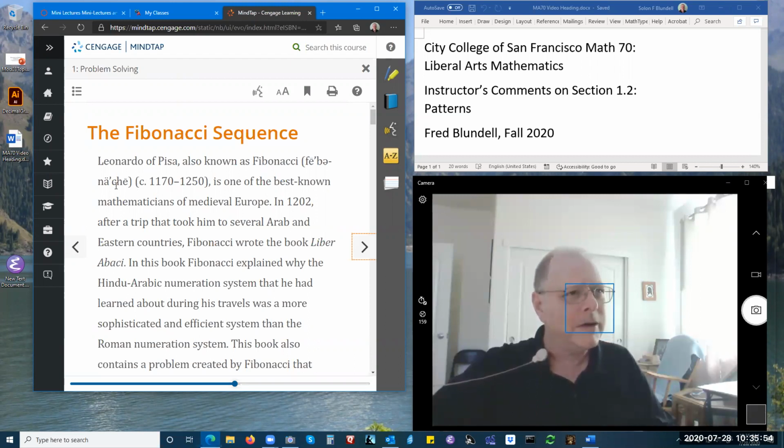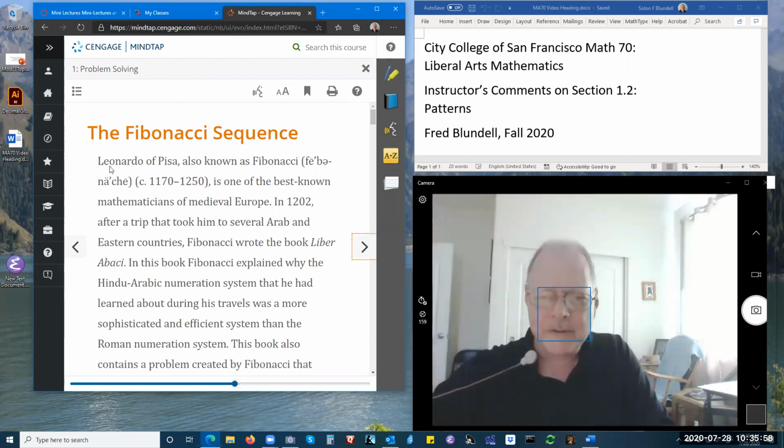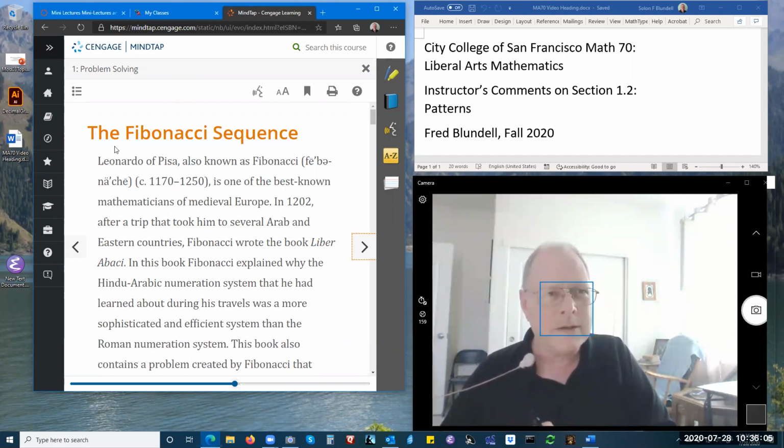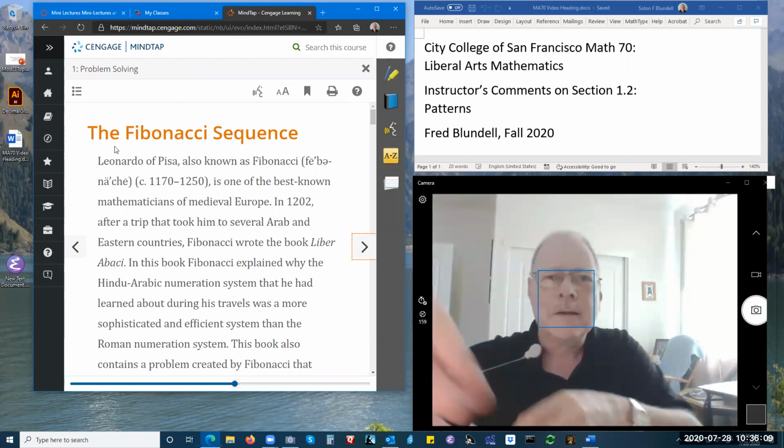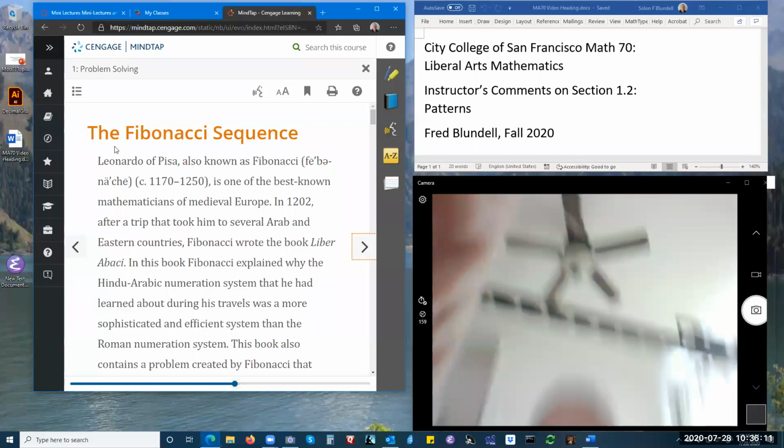And so the Fibonacci numbers, you start with 0 and 1, and you add those two together, you get 1. So now your sequence goes, let me move my camera over here so I can write for you.